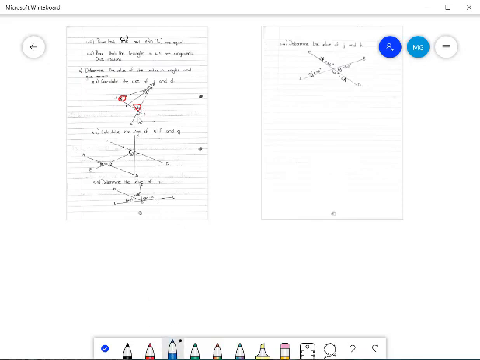So first thing I can see, have a look at this. These 2 angles. Remember, angles that are opposite each other, in this case, are equal. So if this one is 80 degrees, then D will be 80 as well. So I can say that D is 80 degrees. Why do I say that?